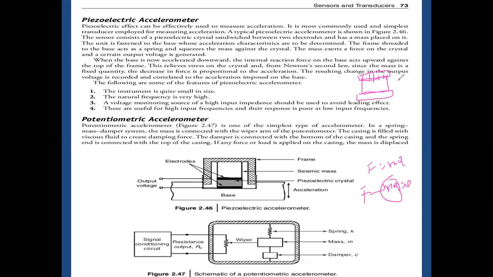The resulting change in the output voltage is recorded. Some kind of voltage is generated here, which is observed by a voltmeter. So whenever we give displacement to the base in the downward direction, some kind of force will act in the opposite direction.